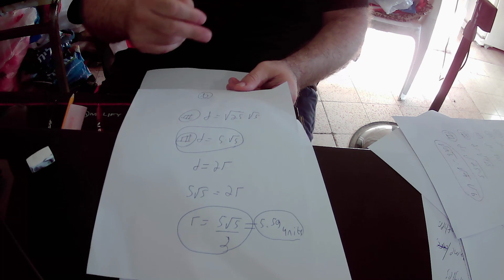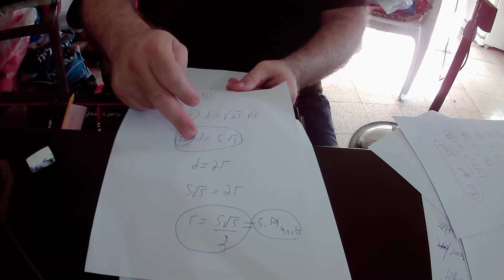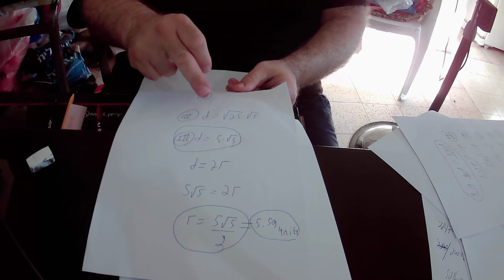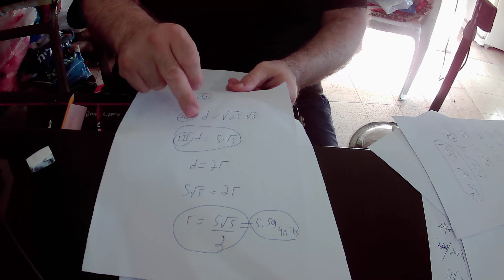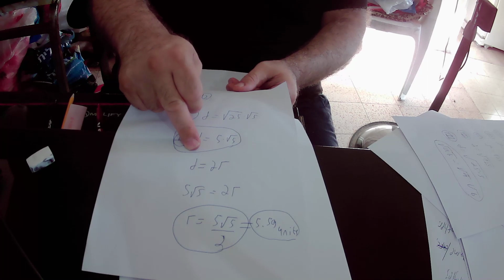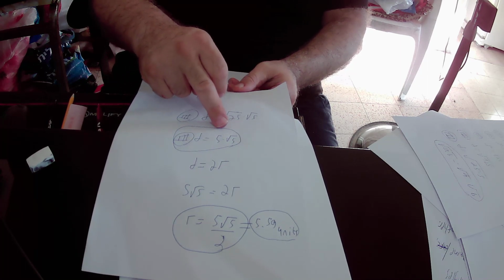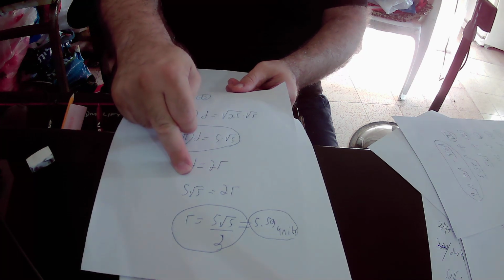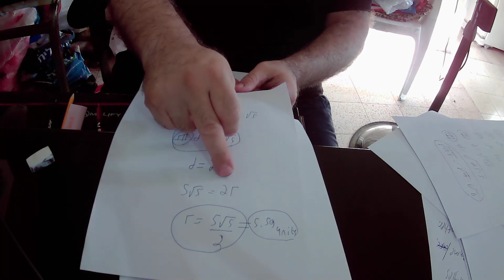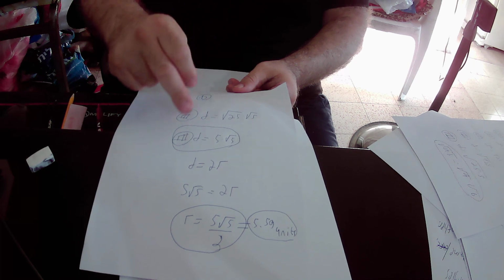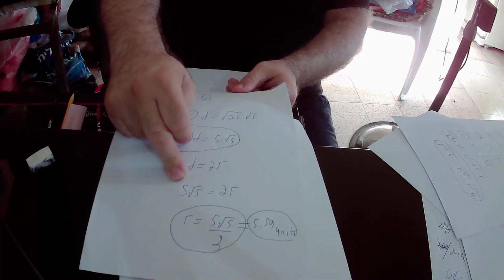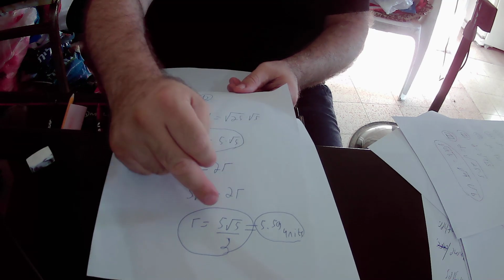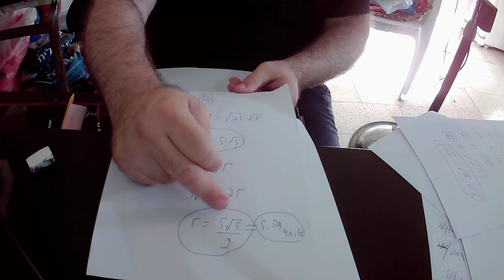But the diameter of any circle equals 2 times the radius. So we can substitute D with 5 times root 5, because D equals 5 times root 5. So 5 times root 5 equals 2 times the radius. We can divide this equality by 2, and we found that the radius of this circle equals 5 times root 5 over 2.